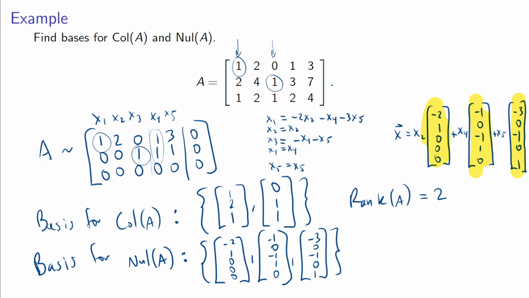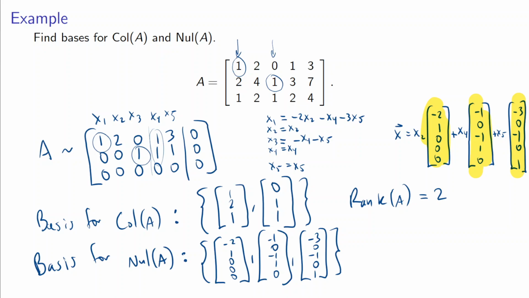So there are three vectors in it. The interesting thing here is that we use the pivots to determine both of these. I think this example really shows that off, where the columns that contained the pivots helped us figure out our basis for the column space.